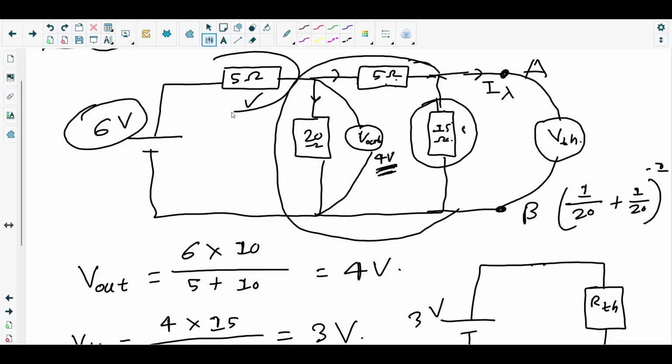Then we will add the resistance of the parallel combination between the 5 ohm resistor and the 20 ohm resistor, and then we will add in series with this 5 ohm resistor in the middle. So let's find the resistance for the parallel combination.